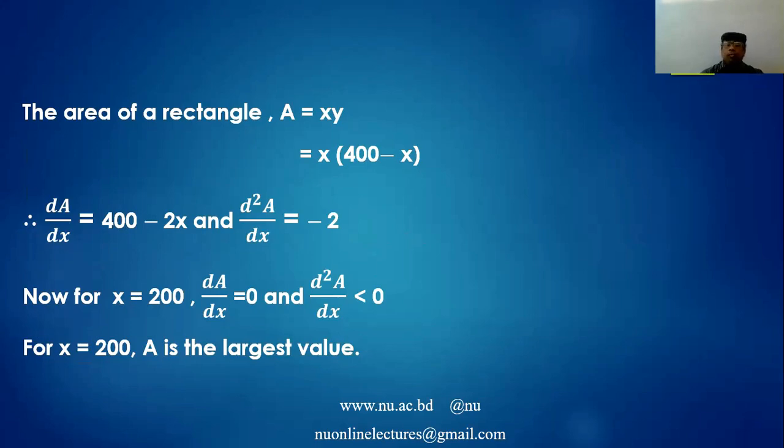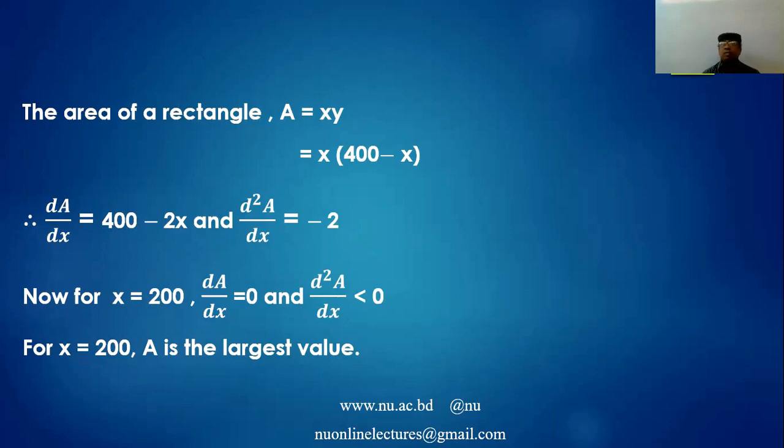So we have to find out the length and breadth. It should be the accurate value of length and breadth. So we use the maximum minima logic for our given problem.